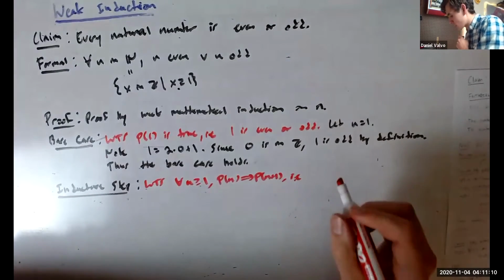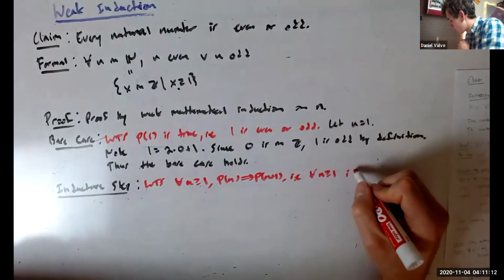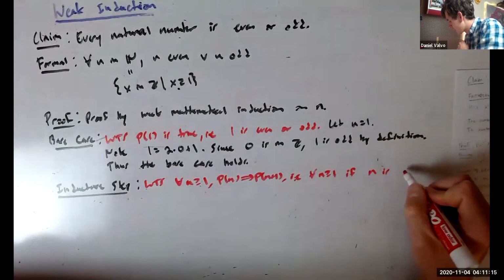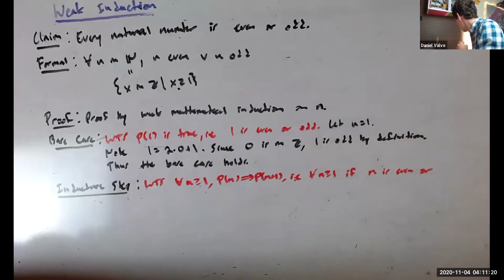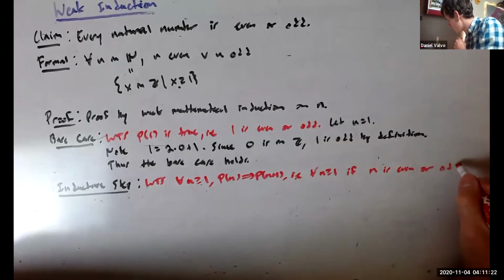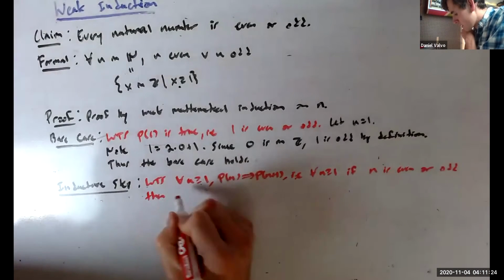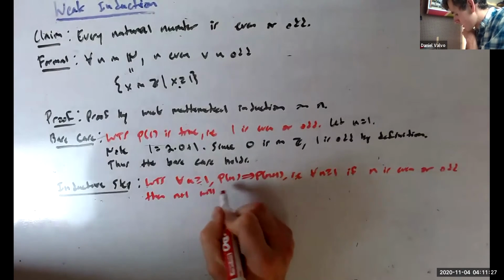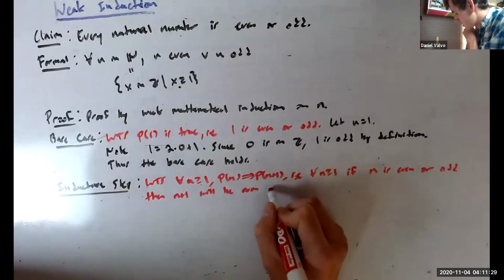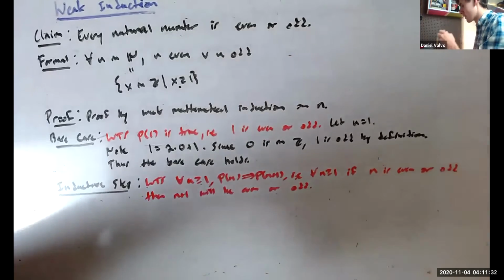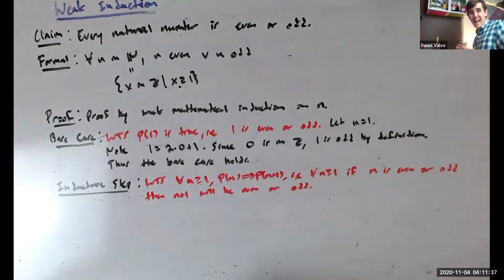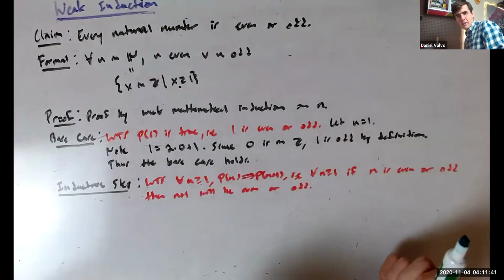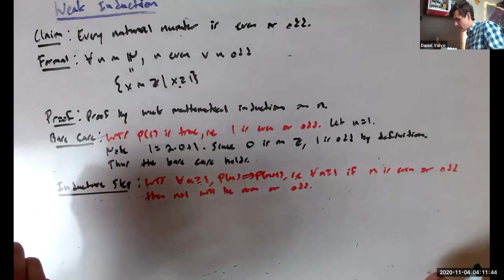In our particular case, we're trying to show that for all n greater than or equal to 1, if n is even or odd, then n plus 1 will be even or odd. So why is that true? Let's think about that, right? If n is even or odd, why is n plus 1 even or odd?